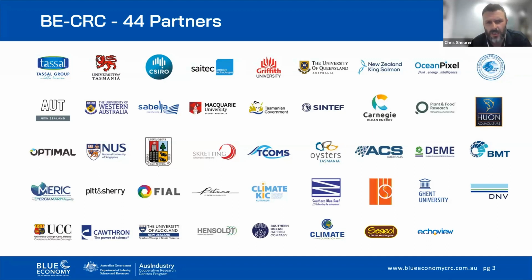It has a 10-year lifespan, so we're say 4 odd years into the program now. Brings together these 44 partners ranging from industry, government, and research, from a number of countries as well, and with a focus upon marine renewable energies, maritime engineering, environmental assessment, policy and regulation.